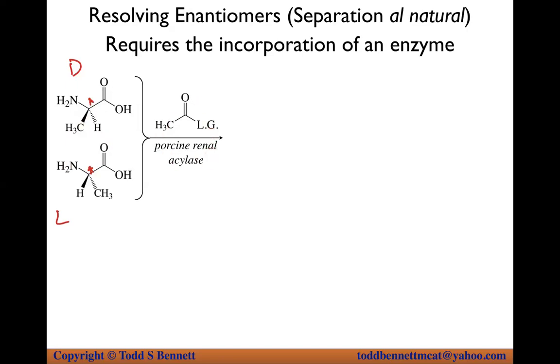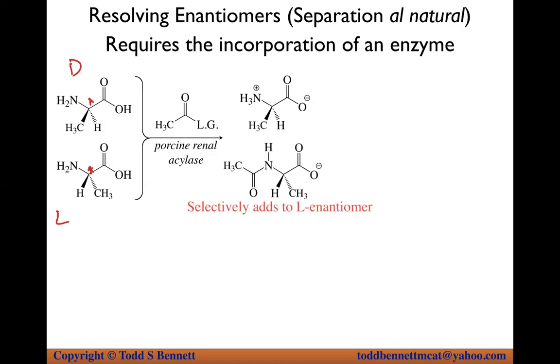I mentioned it's really hard to physically separate 2 enantiomers. You can't boil them, can't crystallize them because they crystallize together as a paste. They boil at the same temperature, really hard to purify. But enzymes, if I take D and L, my body will select one over the other. So it will only react with the L because that's the only one that has the right orientation to fit in its active site. So it will selectively add this group, the acyl.